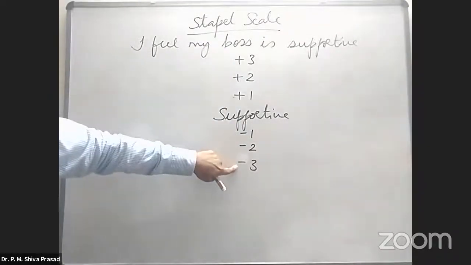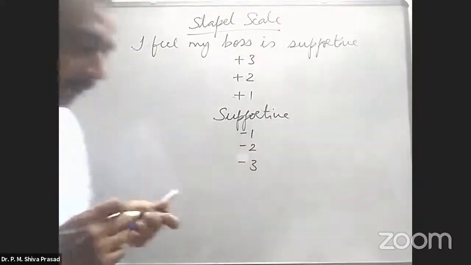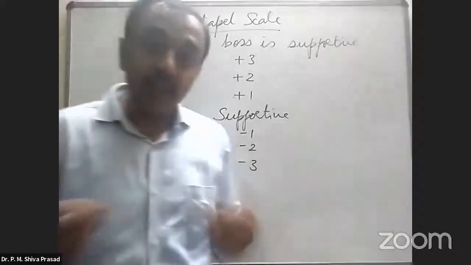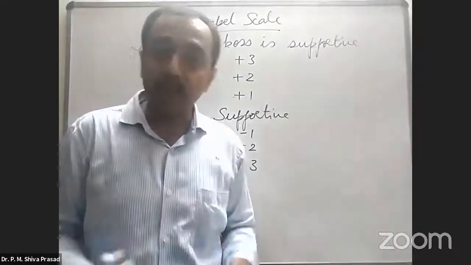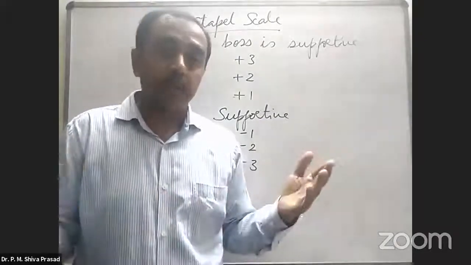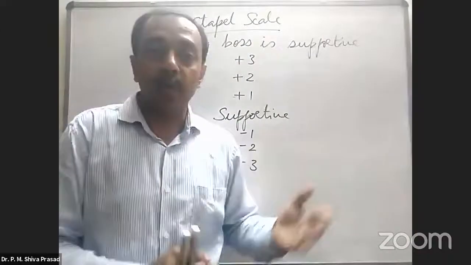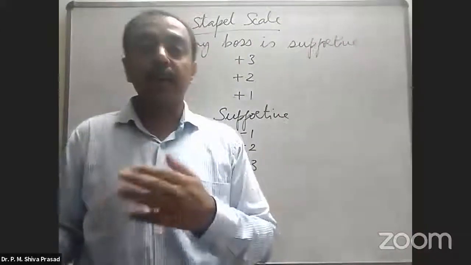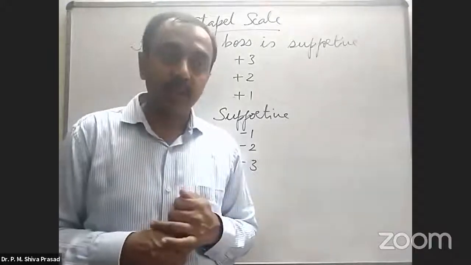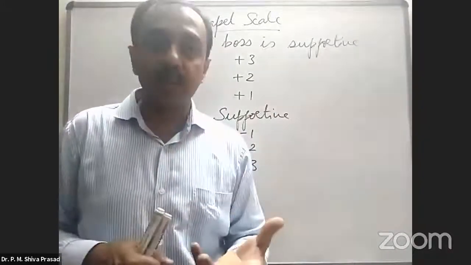-3 is highly unsupportive. So whenever we have less knowledgeable respondents, probably those who work at the grassroots levels, coming from a different background, probably they have done ITI diploma, they don't understand the social sciences, they don't understand something else other than their subject. For such people, we can ease their comprehensibility.